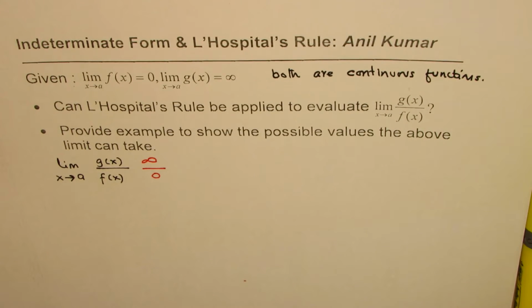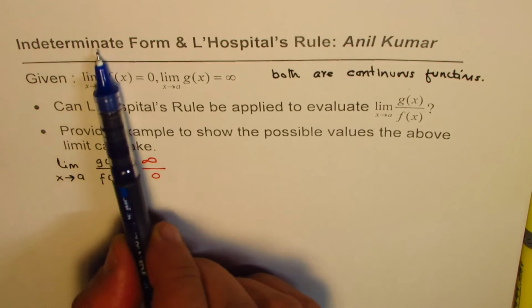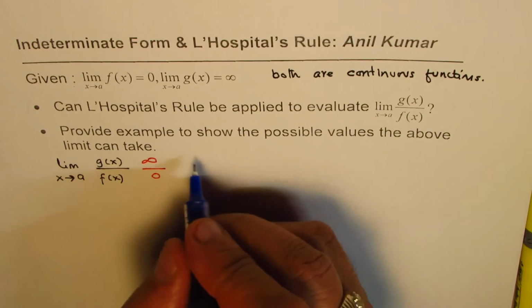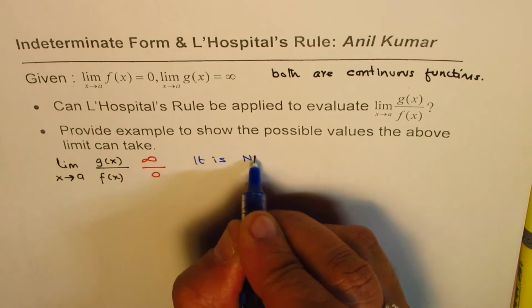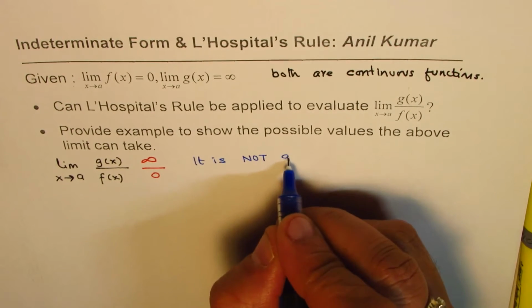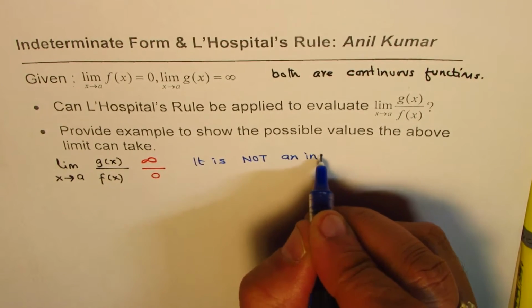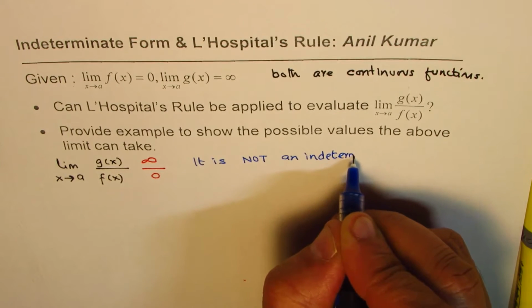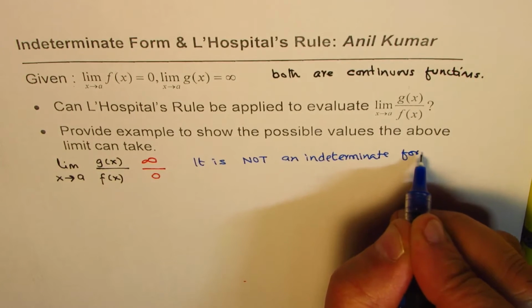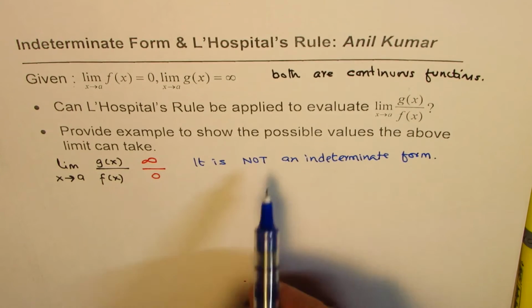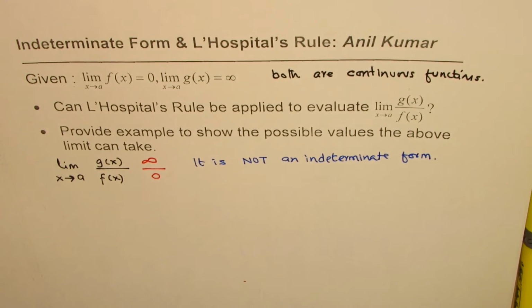Now the question is, is this an indeterminate form, right? So we say no, it is not an indeterminate form, right? So that is important to understand. So what are indeterminate forms?